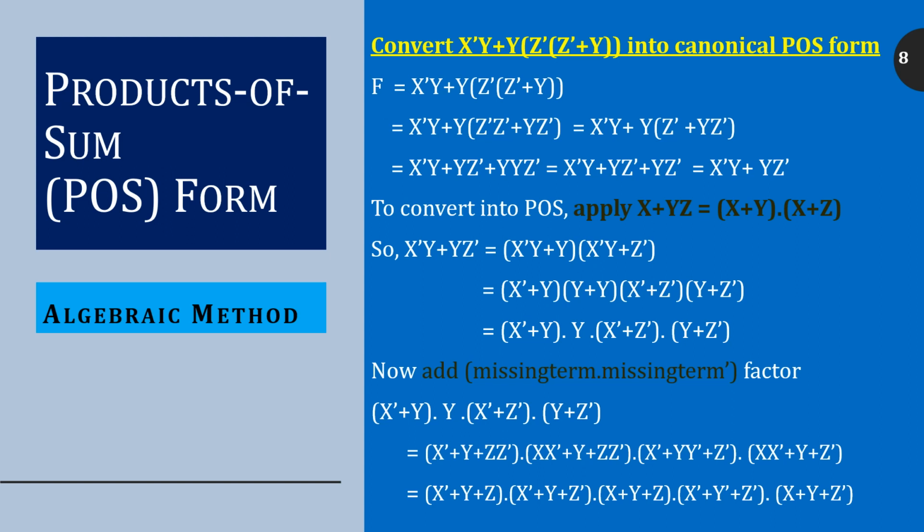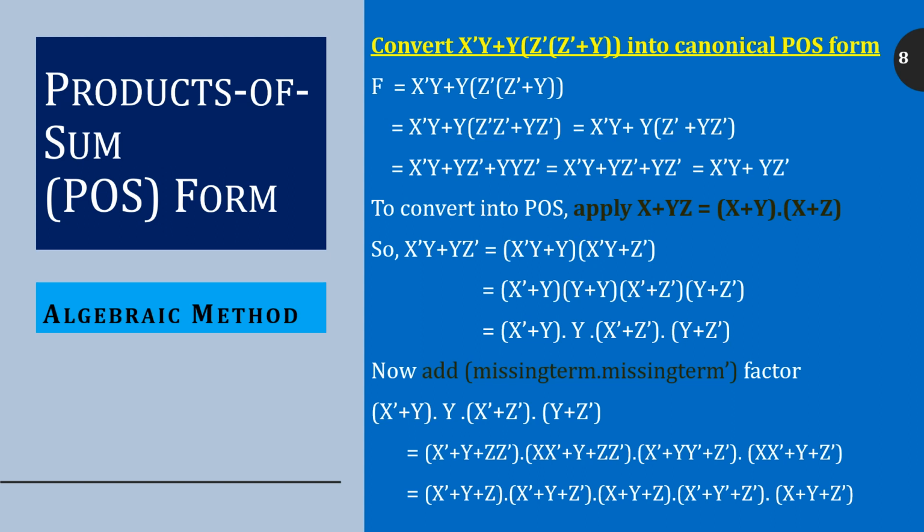Again, simplify the expression: (x' + y)(y + y)(x' + z')(y + z'), which equals (x' + y)·y·(x' + z')(y + z').